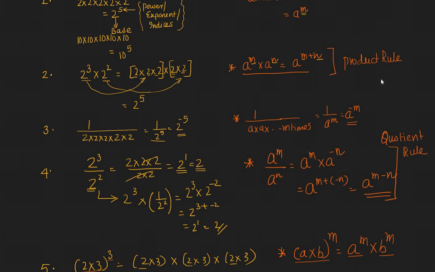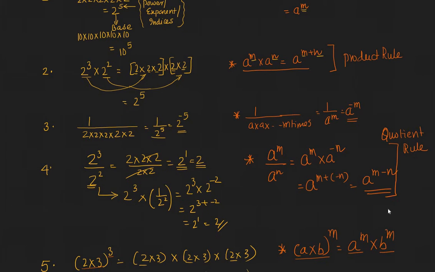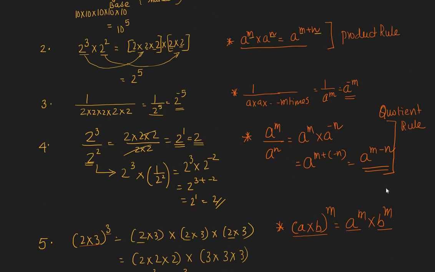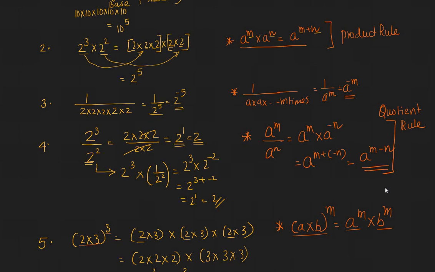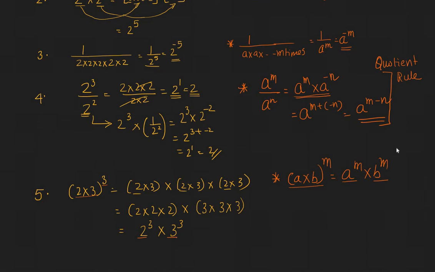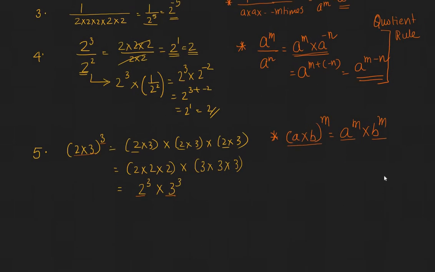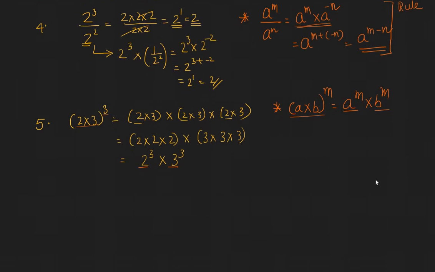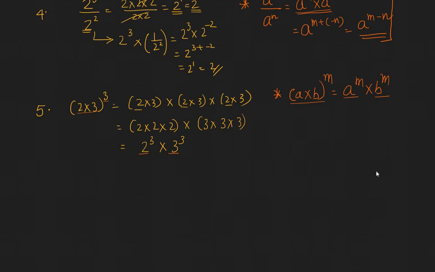I would have left it without any names if I could, but we know that product rule and quotient rule mean the same thing. As you can see here, all you're doing is multiplying by a power minus n, and then adding it up. So I don't see a difference between a quotient and a product rule, but you know it if someone talks to you in this vocabulary, right? That's the whole idea of giving names, so that you can communicate better.